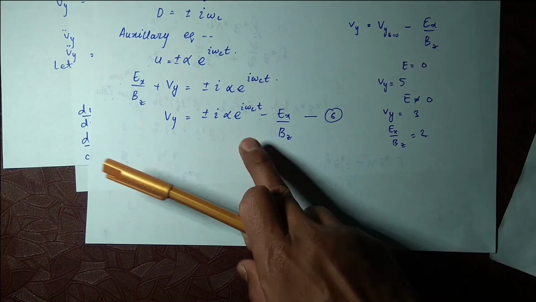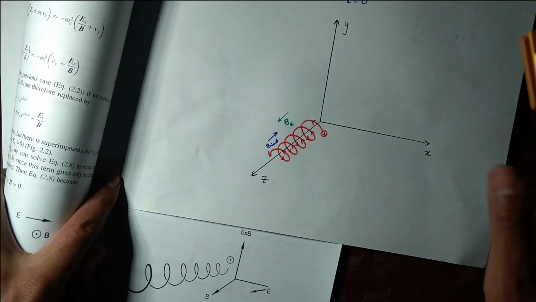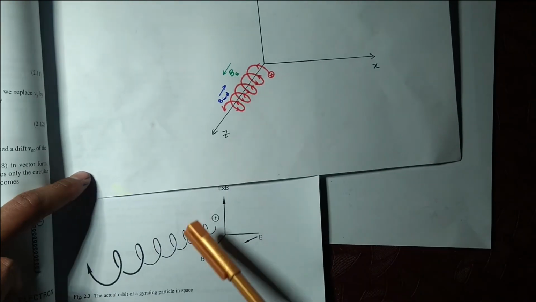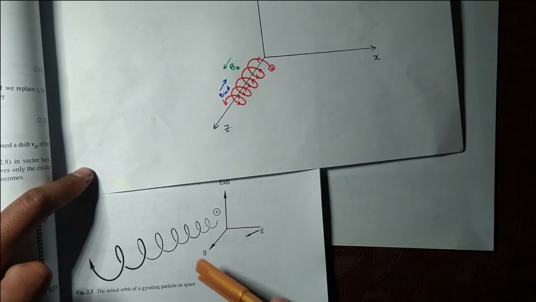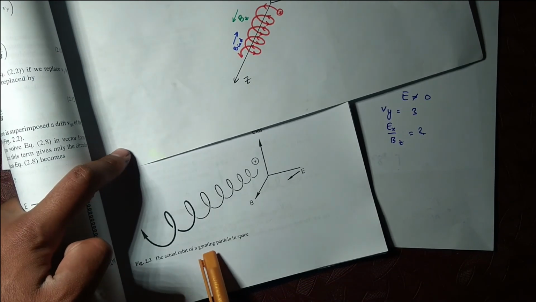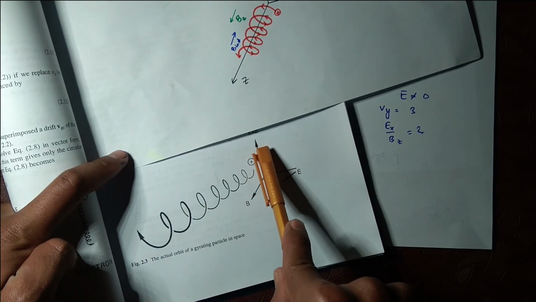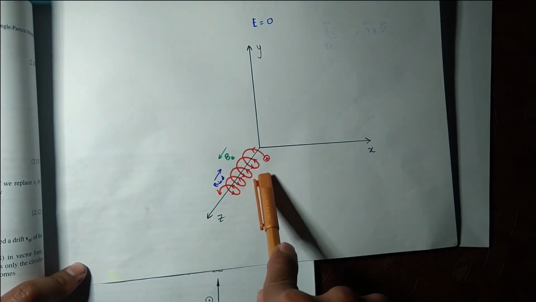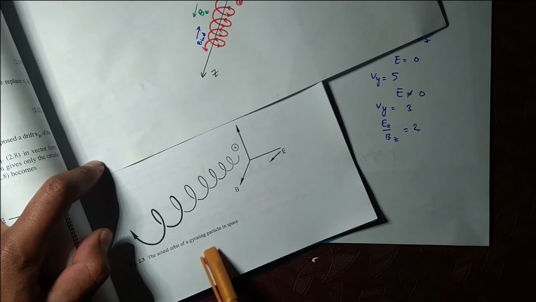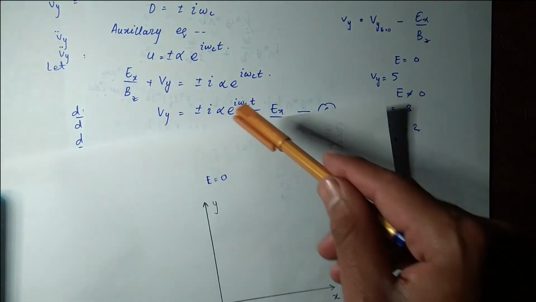So now we have seen how we made this transformation. This is the actual orbit of the gyrating particle in space. When E was equal to 0, this was the gyration, and when E is not equal to 0, this is the gyration.